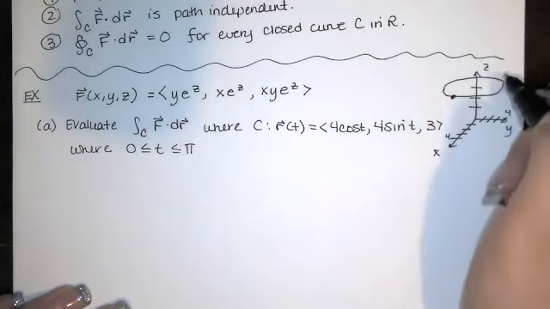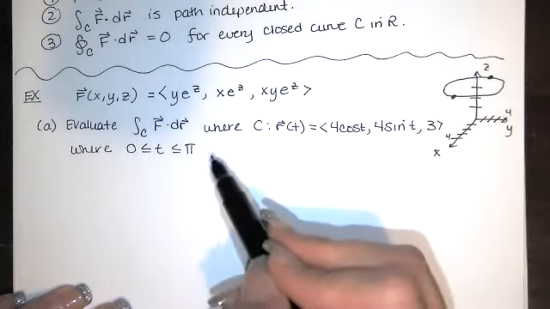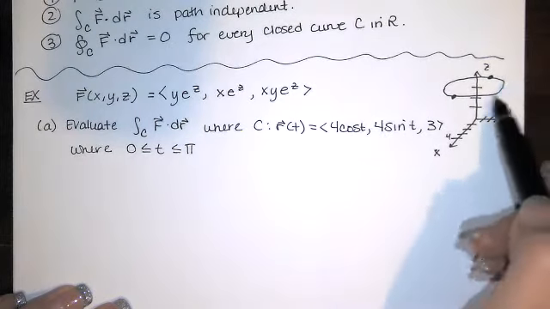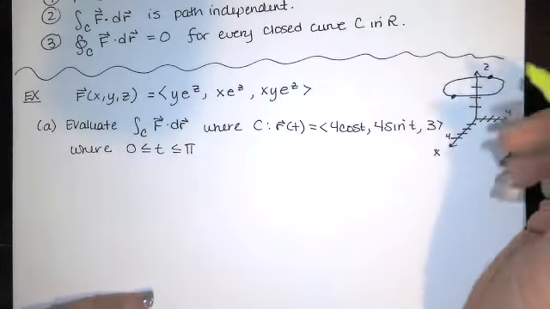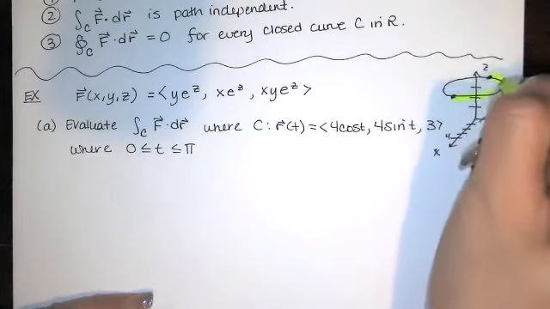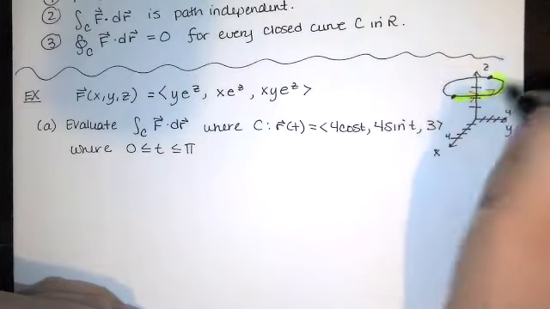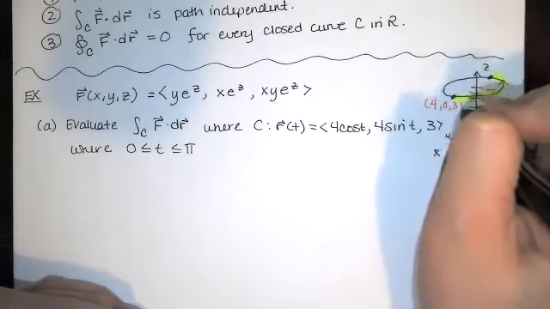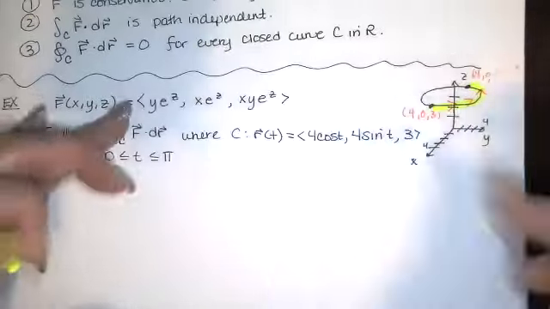So we're going to start over here, and then we'll end over here on the other side. And between 0 and pi, sine is positive, so y has to be positive, so it's going to be this side of the curve. So we're going this way along our curve, starting here at (4, 0, 3) and ending here at (-4, 0, 3). They've run out of space.